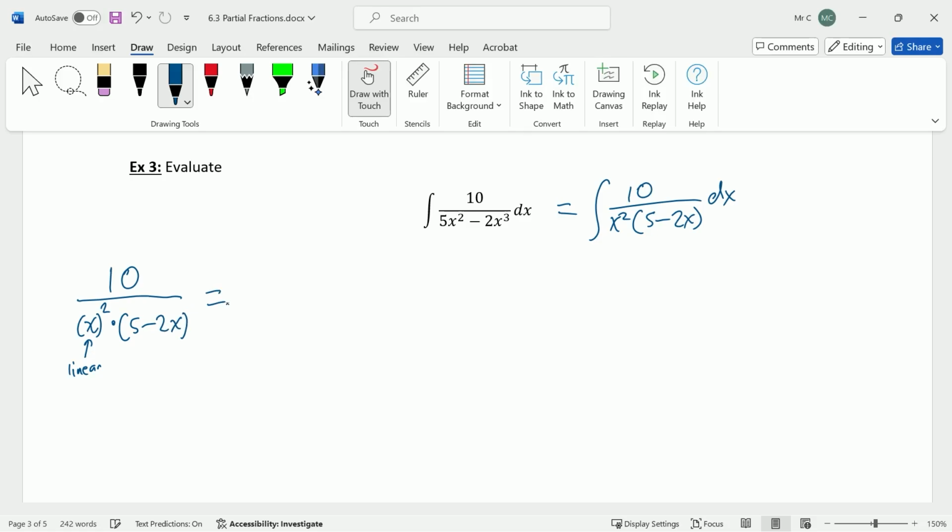So what the partial fractions theorem tells us is that for this repeated linear factor x, to the second power, we can write a over x plus b over x squared. Now we have another linear factor, 5 minus 2x, so we add another constant over that linear factor.